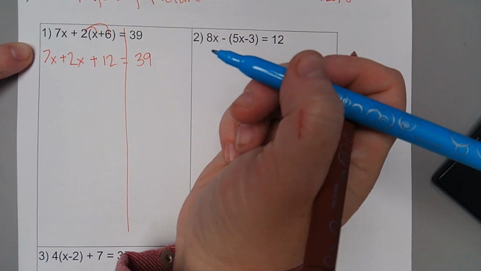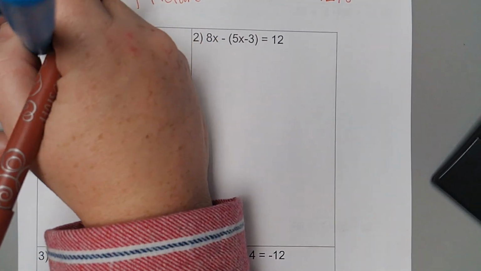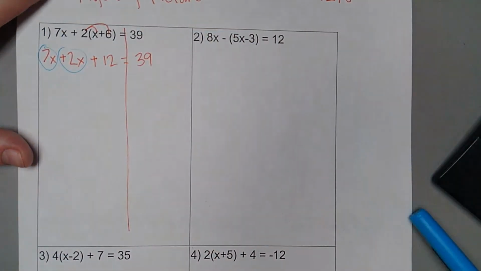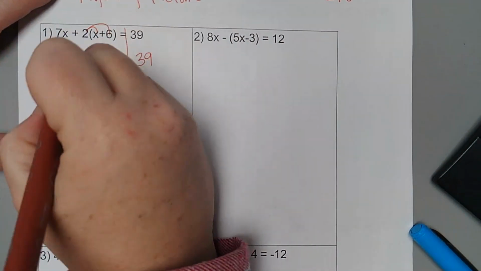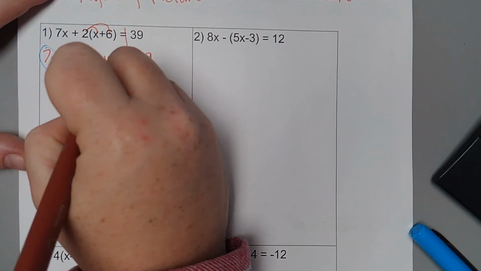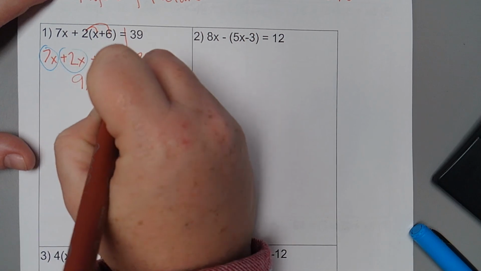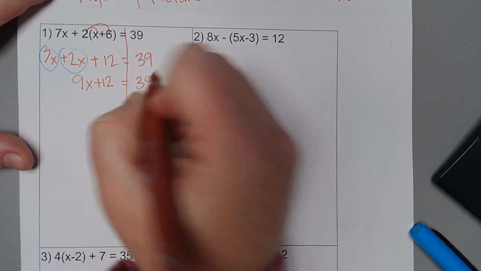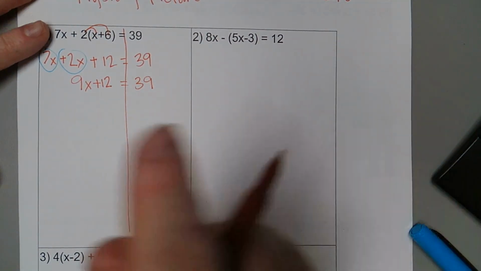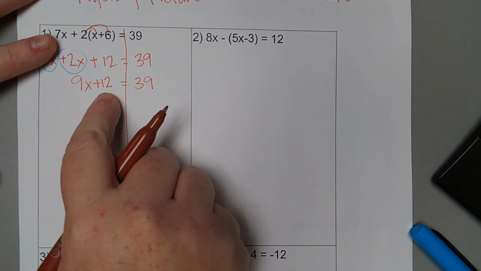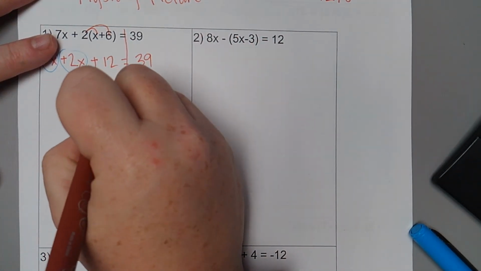So now we have 7x and we have 2x. We can combine those two. 7 plus 2 is 9x, plus 12 equals 39. Get 9x by itself by using the opposite. The opposite of plus 12 is minus 12.